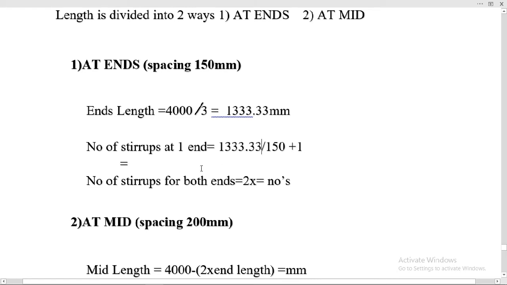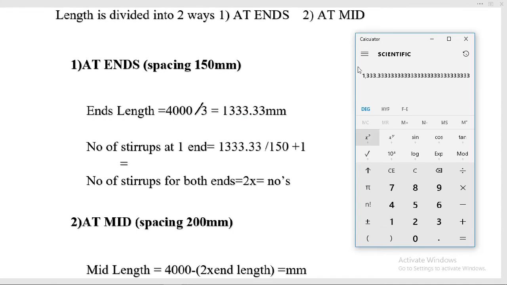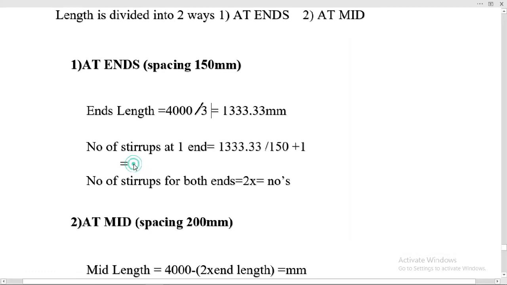Let me calculate it on the calculator. Divided by 150, the spacing at the end, it gives 8.88, plus 1 is 9.88. Let's take it as 10, the number of stirrups required at one end.